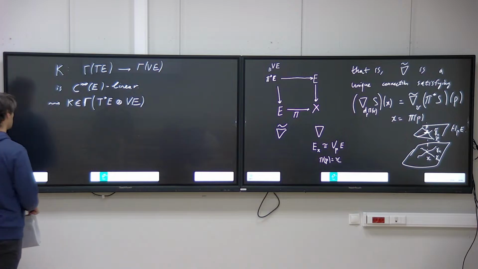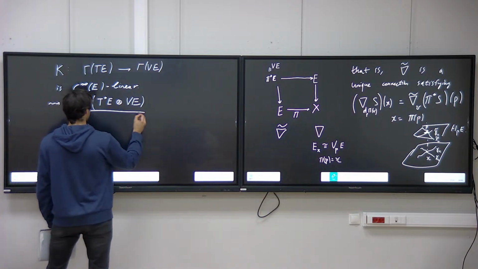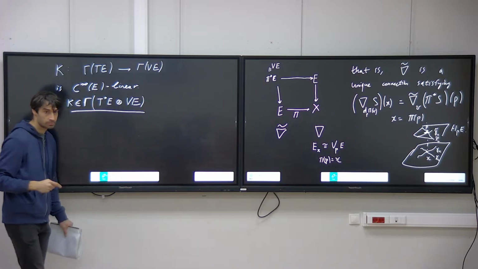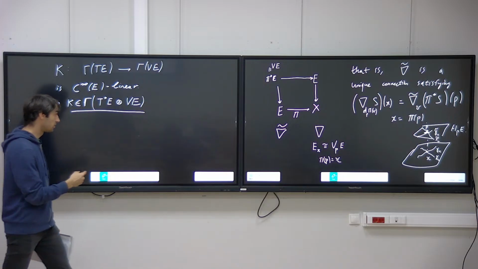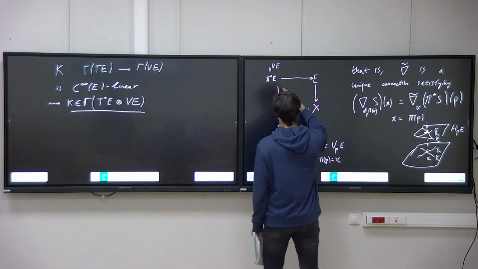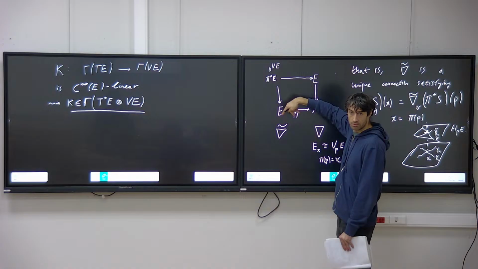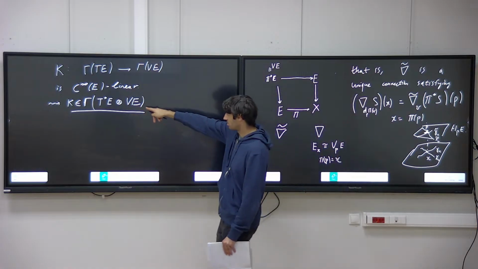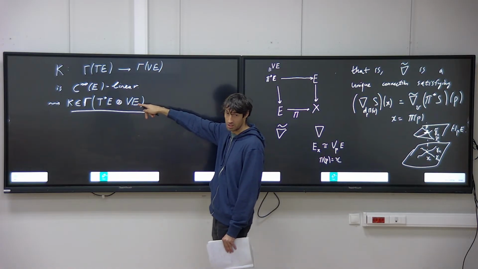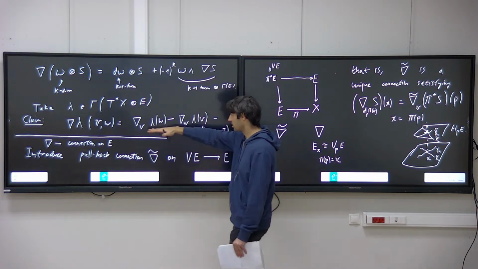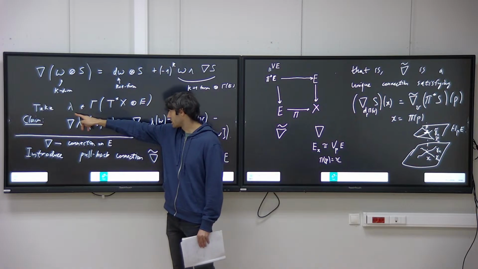Okay, so we have this guy. I'm thinking of this map as just a section of this. I have nabla tilde, which is a connection on VE. So you see here I have VE. And also I have, so my lambda is K now.